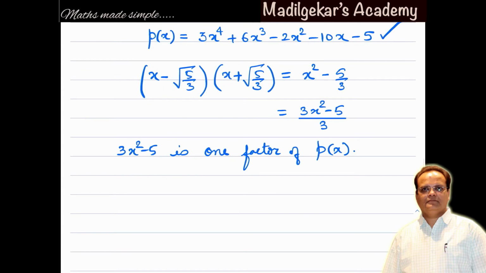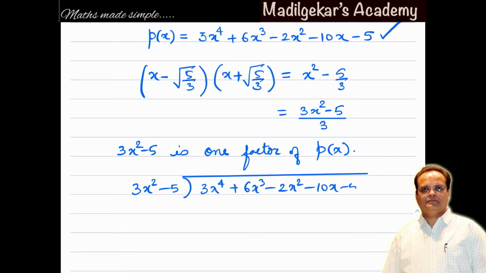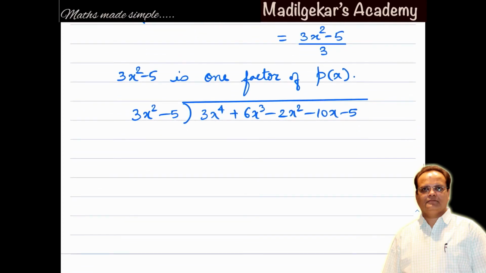So let us divide p of x by 3x square minus 5 to get the second factor, or we may say to get another two zeros. p of x is 3x raised to 4 plus 6x cube minus 2x square minus 10x minus 5. So multiply this divisor by x square. So we get 3x raised to 4 minus 5x square.